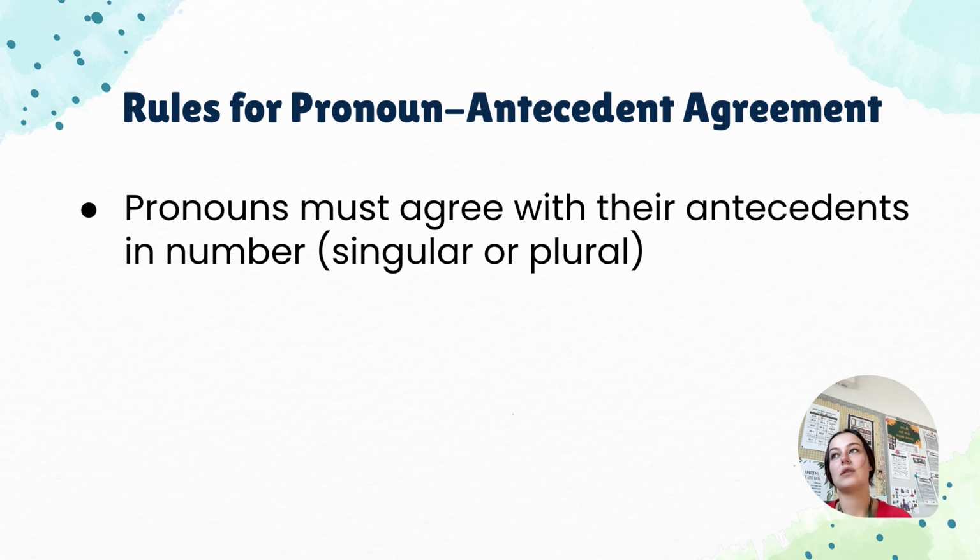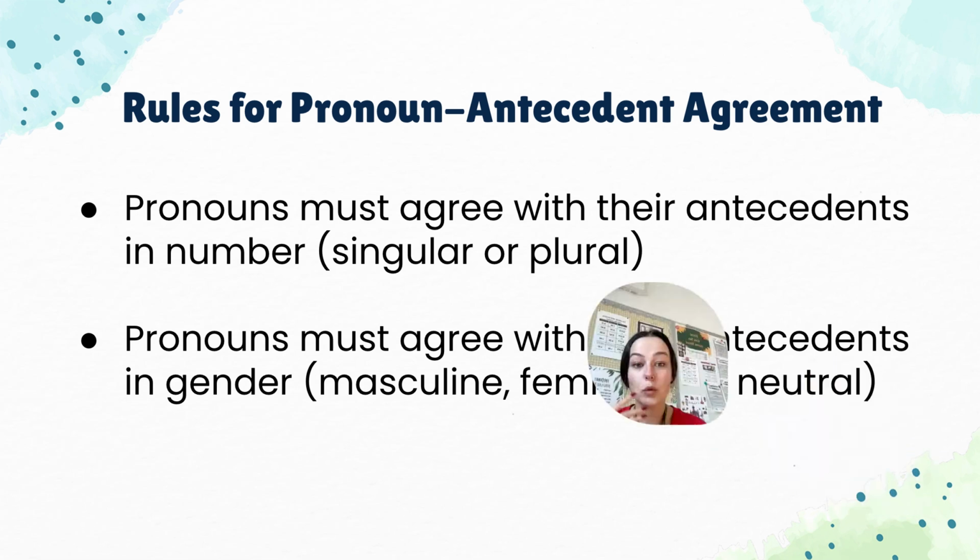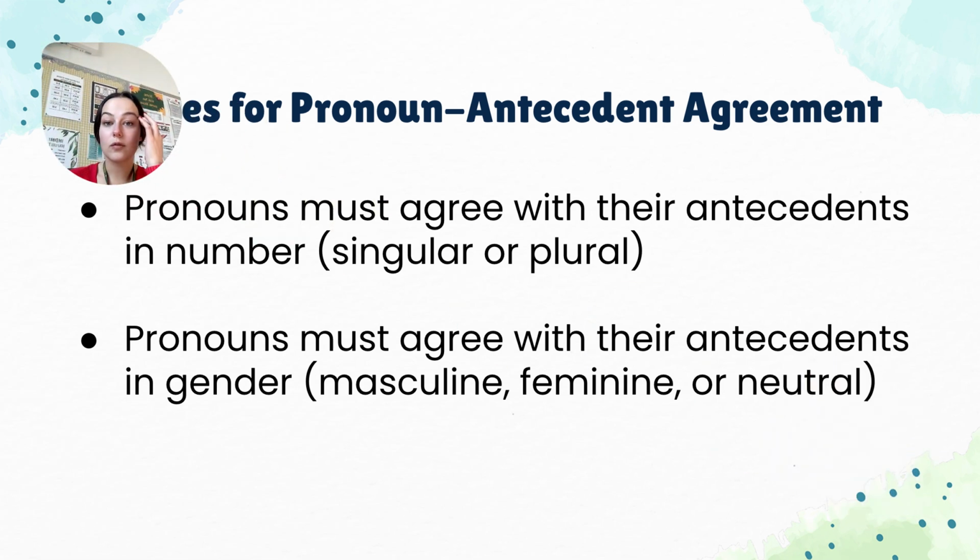However, right, if you say the teachers, as in multiple, that means it's plural, and therefore the pronoun is also going to have to be plural, okay? And then also, it's important to talk about gender, okay? So pronouns must agree with their antecedents in gender. So that means, right, if your antecedent or your noun is masculine, therefore the pronoun must also be masculine.